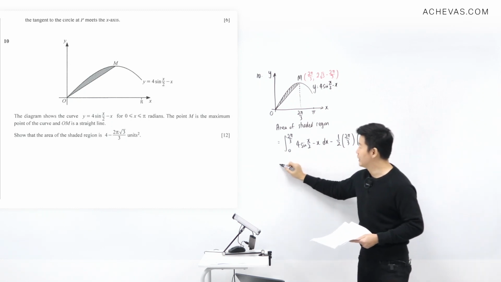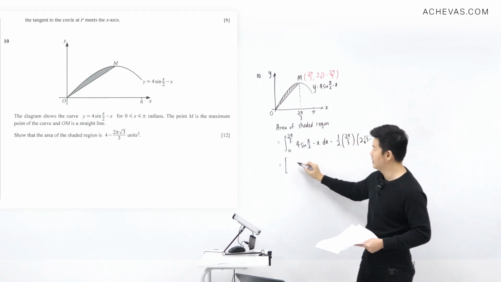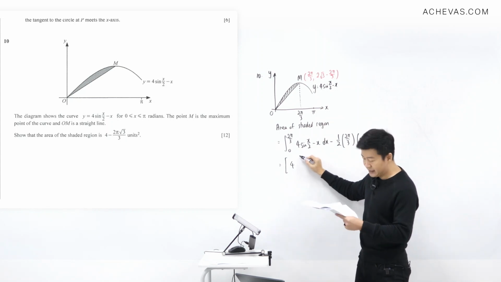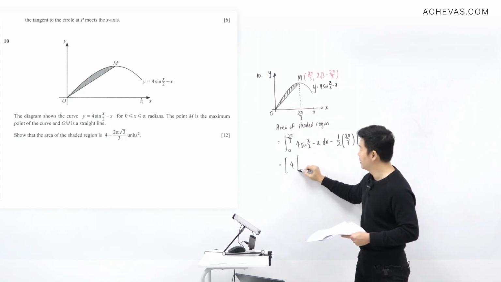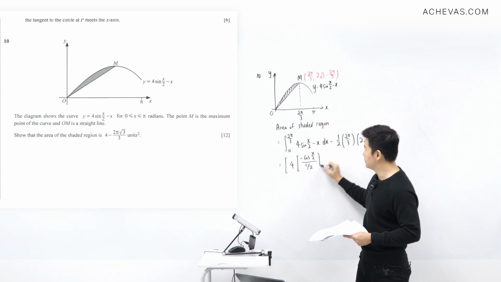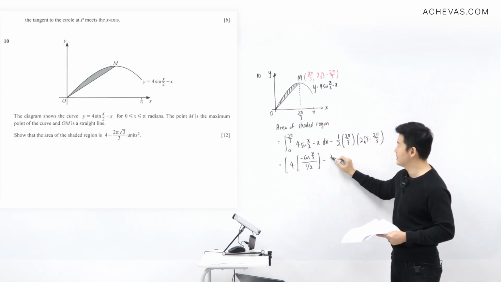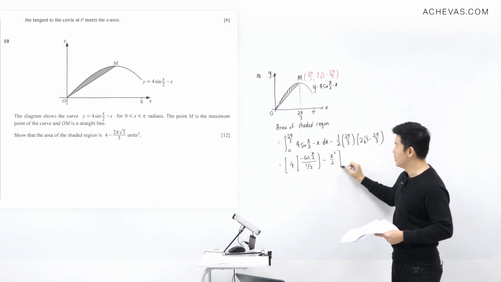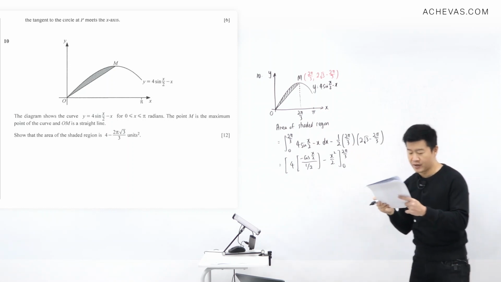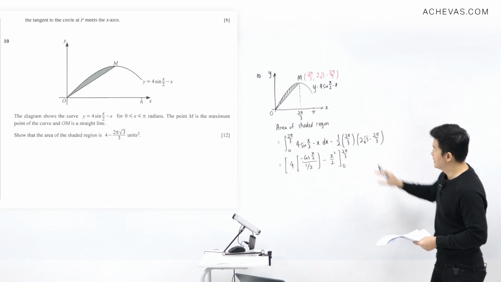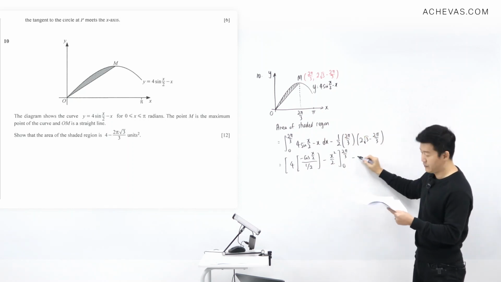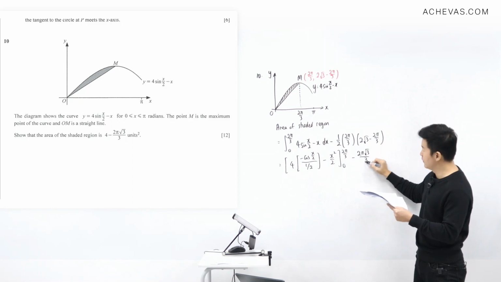So let's try to integrate this over here. This is going to be 4. Integrating this, we will have a minus cosine of x/2 over 1/2. Then integrating this is going to be x squared over 2. So this will be from 0 to 2π/3. And for this, if I were to multiply this in, we will have a minus 2π√3/3.